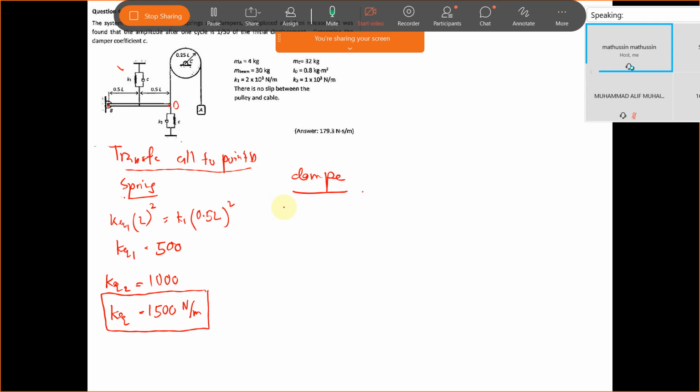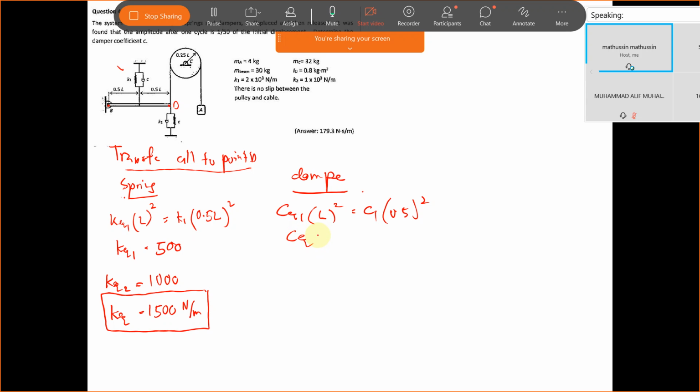So C equivalent 1 times L square sama dengan C1 times 0.5 square, isn't it? And then our C equivalent 1 must be, ataupun C lah.